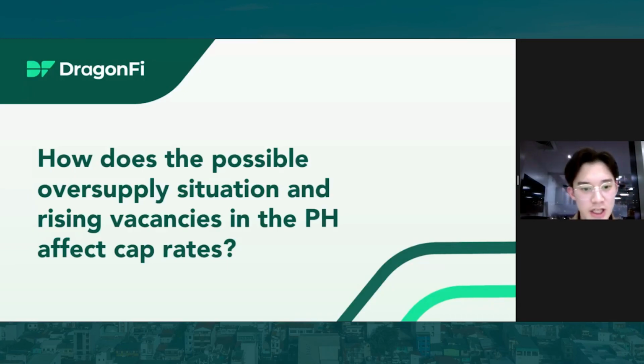This is because an oversupply and rising vacancies would lead to a decrease in net operating income because of lower rental rates and higher vacancies. Combined with an increased perception of risk, that would definitely lead to a higher cap rate. And a higher cap rate also reflects investors' demand for greater compensation for the added risk associated with the lower income potential in the current market conditions.